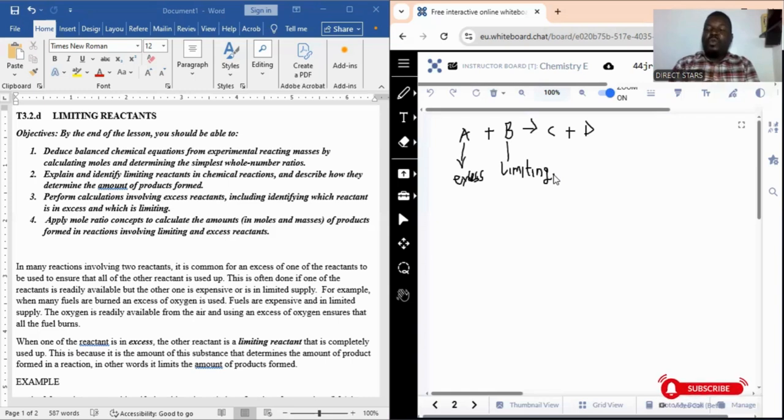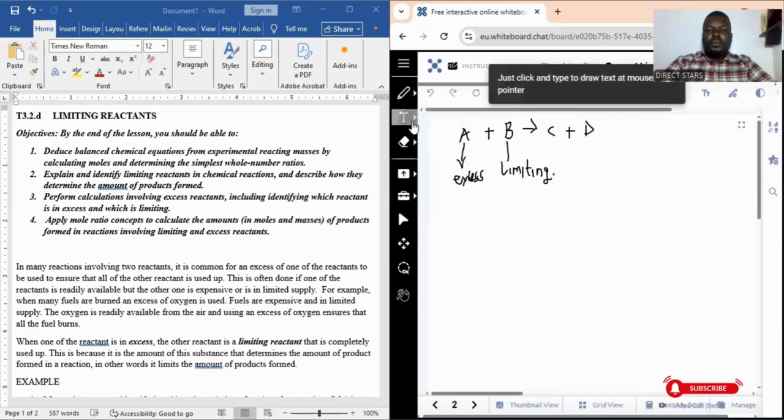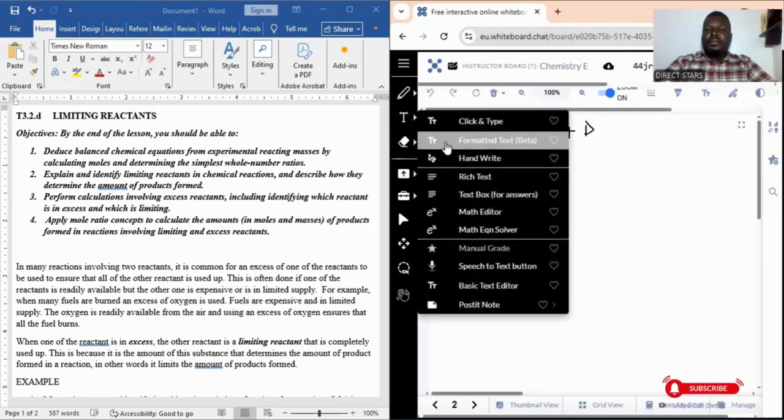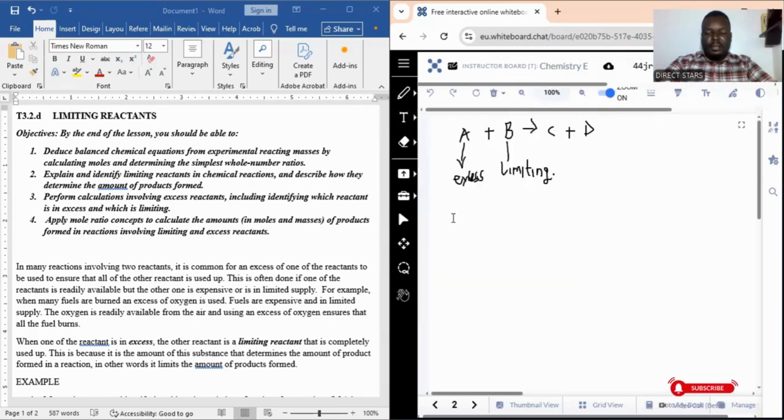Take, for example, we want to burn fuel, and let's say we have pentane, which is a fuel, plus oxygen, because we need oxygen for combustion to take place.